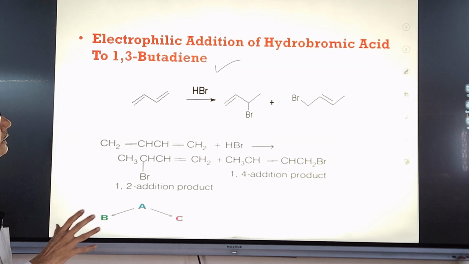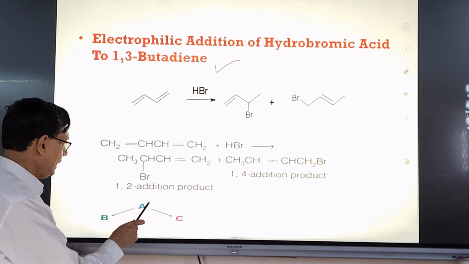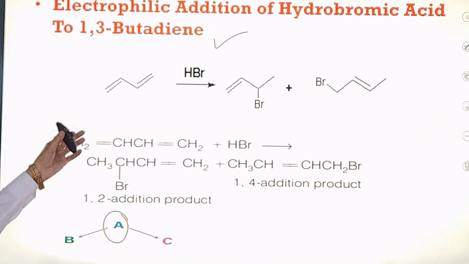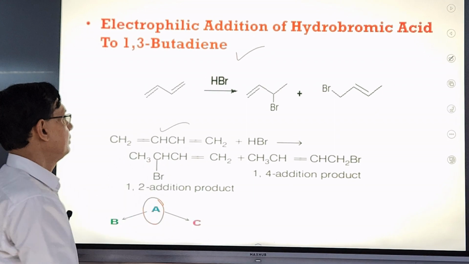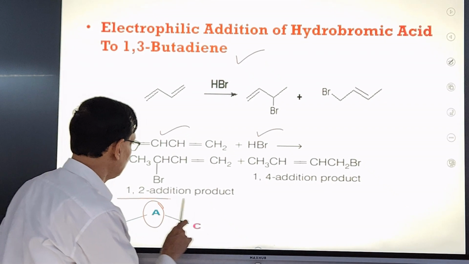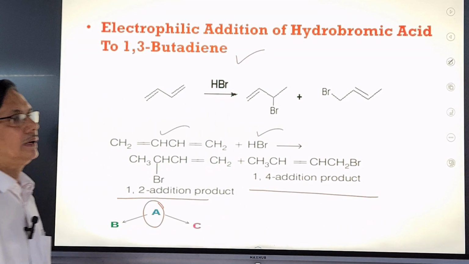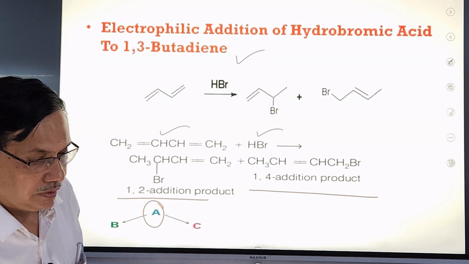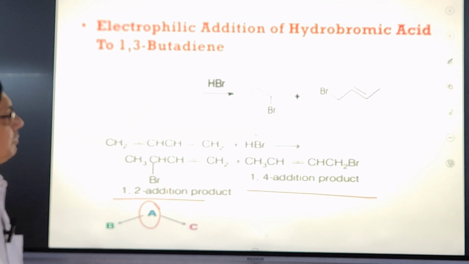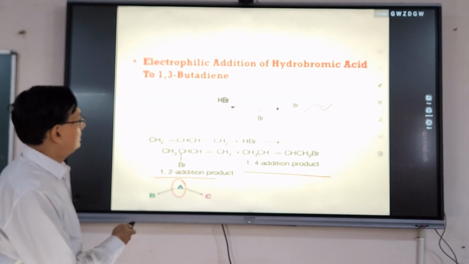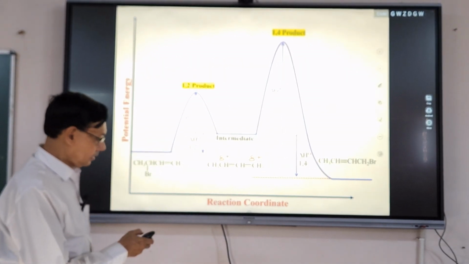Just bear in mind that this is our main reactant, 1,3-butadiene, reacting with HBr. There are two products, one is the 1,2 product, another is the 1,4 product. So it is called electrophilic addition of 1,3-butadiene. I will explain this graph later on. Let me first explain the reaction.